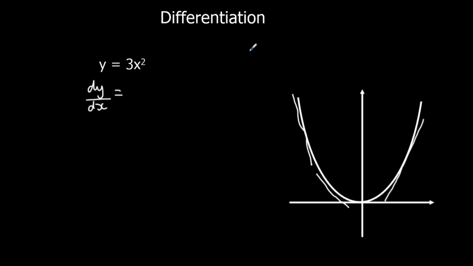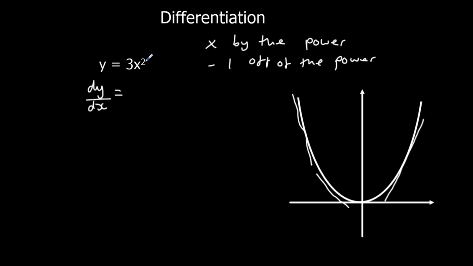All we do is we times by the power, and I'm going to give you a few examples of what we mean by this in a minute, and then take 1 off of the power. So we're differentiating the x's, and the power is 2.